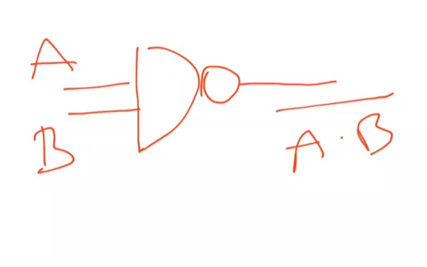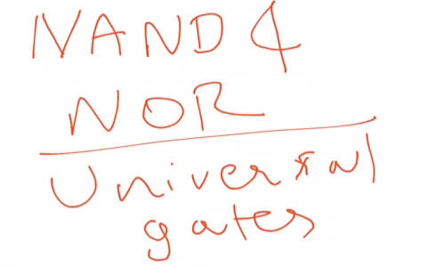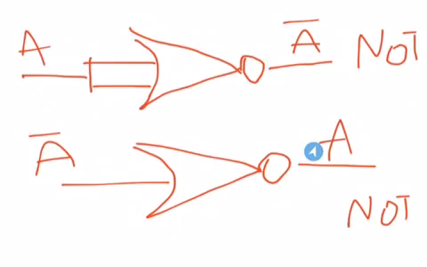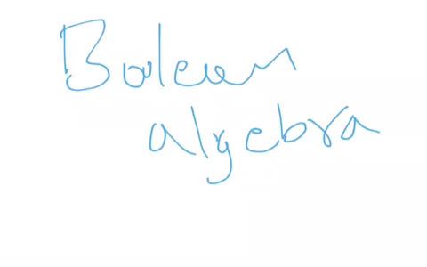And now we observed the NAND gate symbol and NAND gate truth table. And we also concluded NAND and NOR gates are called universal gates. We observed the construction of the NOT gate using NAND, and the construction of the NOT gate using NOR gates. Like that we discussed these topics in this chapter. Our next topics are XOR, XNOR, Boolean algebra, De Morgan laws, and graphs. Okay, so these are the topics we discussed.